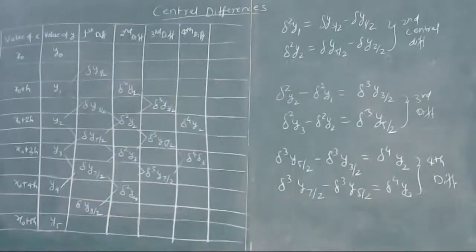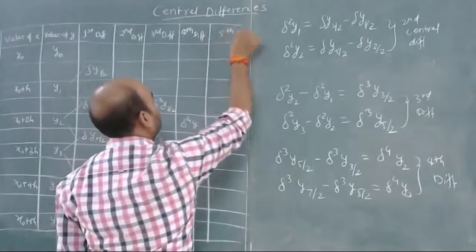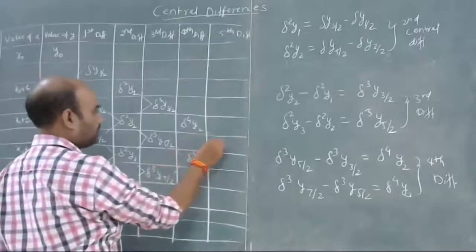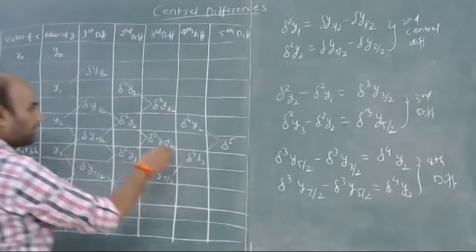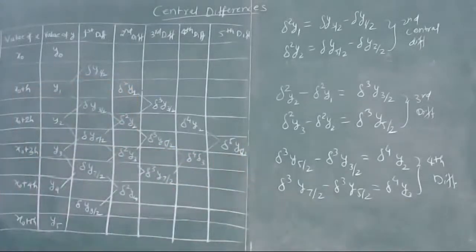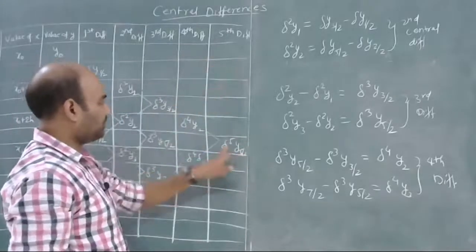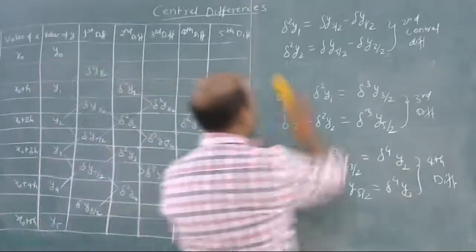And last, fifth difference. So fifth difference gives you this del 5, and this row is 5 by 2, so this will be y5/2. So the last difference will be the fifth difference, del to the power 5 y5/2.